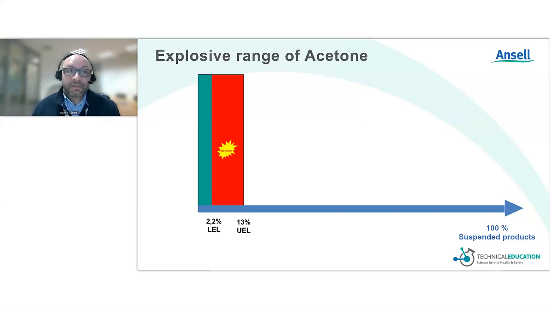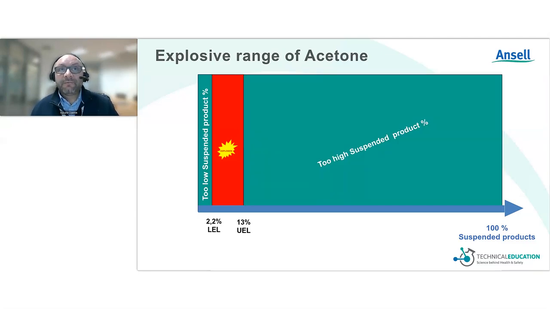When we are below 2%, in case of ignition, normally we will not have an explosion. If it's more than 13%, it's the same, there is too much product suspended in the air. So you can see the range of explosion, even if it's small.